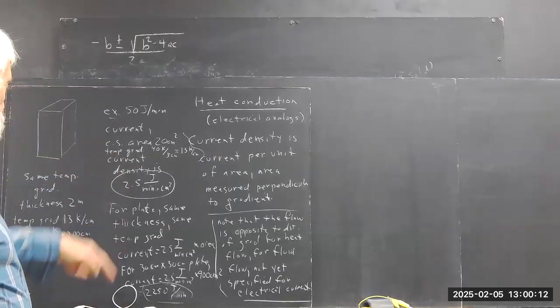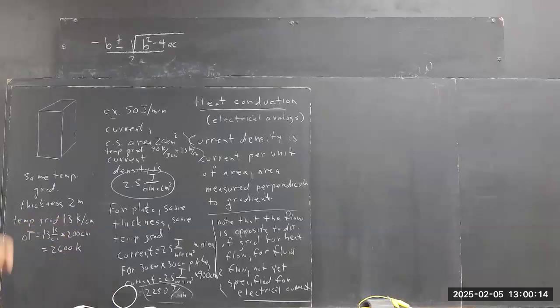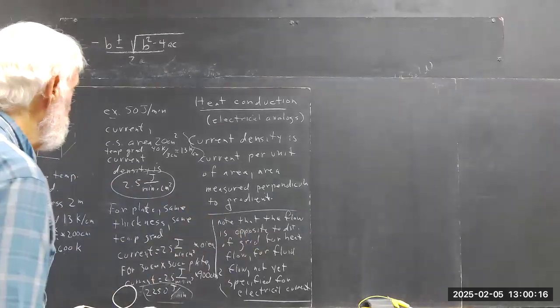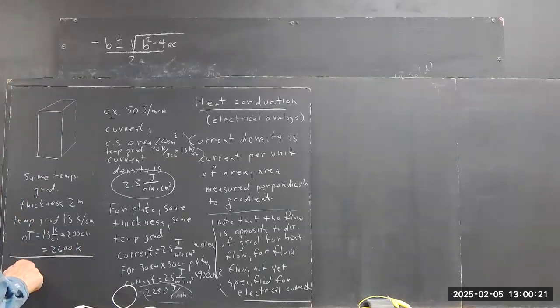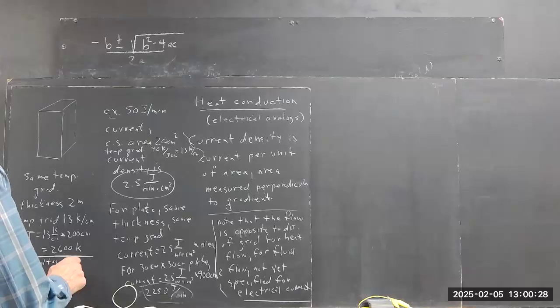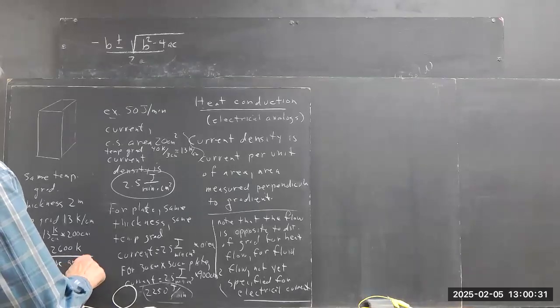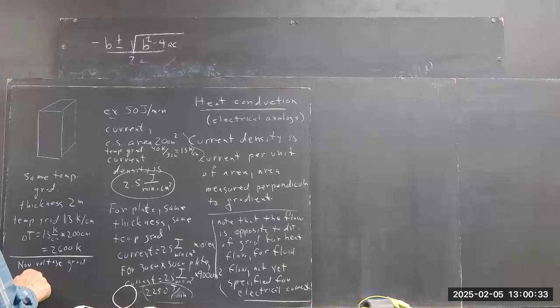And I did have that in here somewhere, yeah, 1300 kelvin per centimeter. Okay, the analogy here would be now voltage gradient in 1.5 volts over 3 centimeters. 0.5 volts per centimeter.